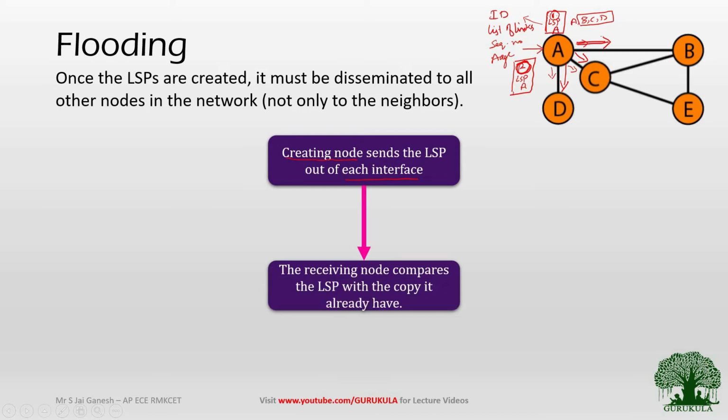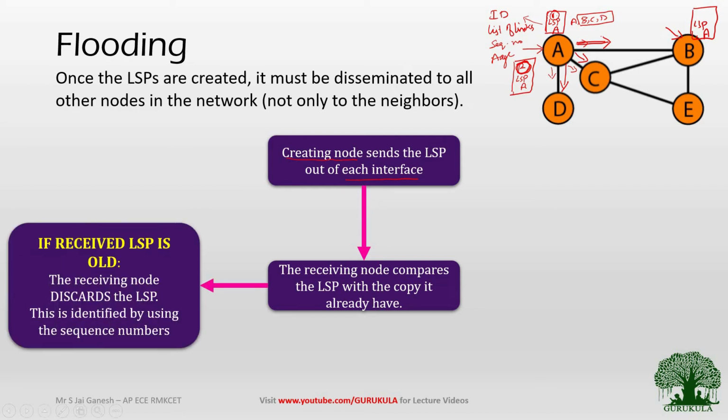Now the receiving node compares the LSP with the copy it already has. So in case B has already got a copy of the LSP of A, let us assume that B already has the LSP of A. Now it receives another copy from A. Now B is the receiving node, and this receiving node will check the two copies of LSPs.